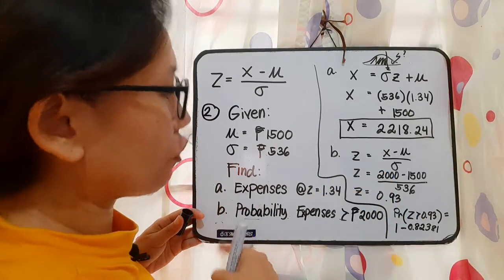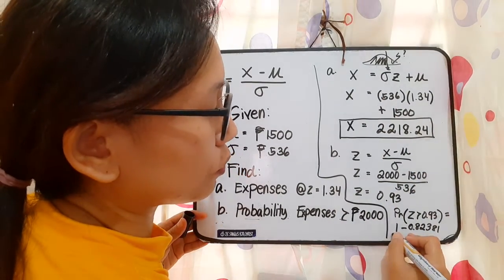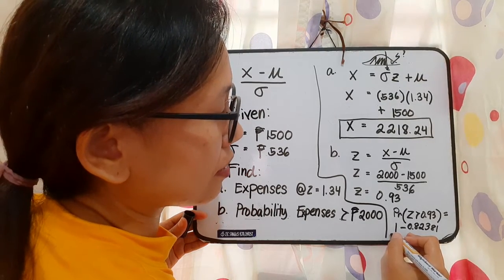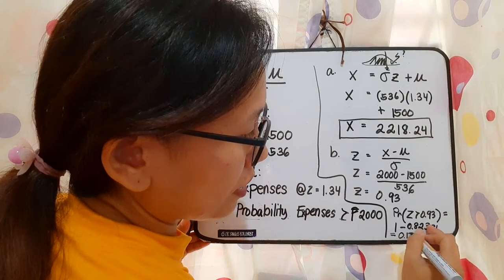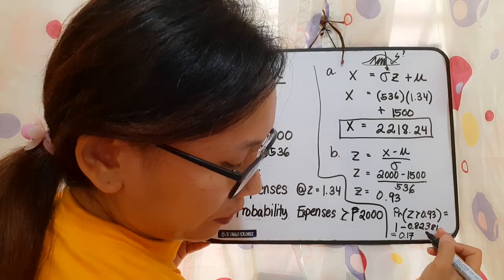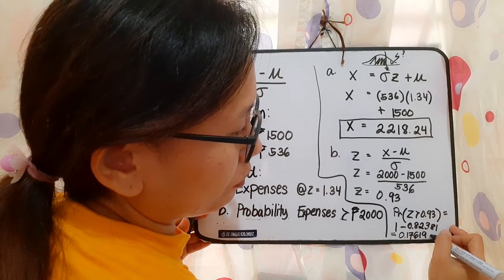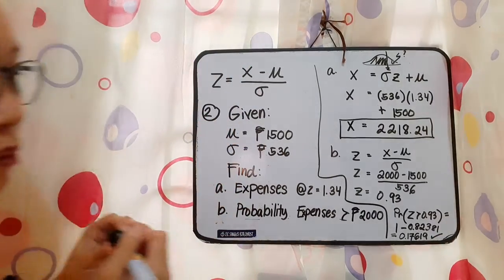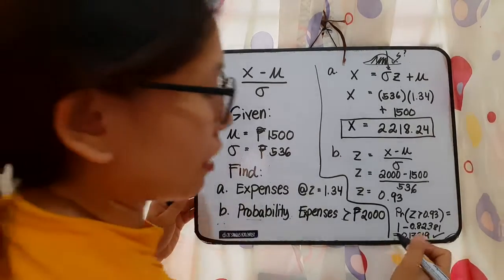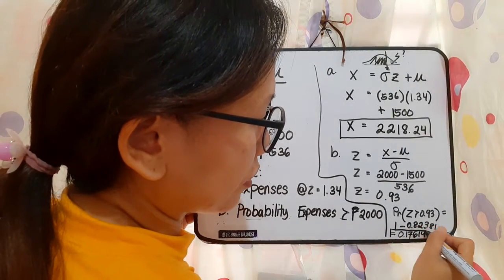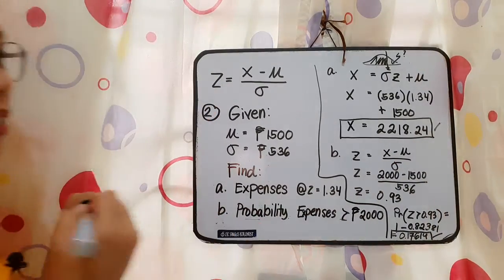So the probability of the expenses being greater than 2,000 will be equal to 1 minus 0.82381, and that is 0.17619, or about 18%. So this is now our answer for letter A and for letter B.